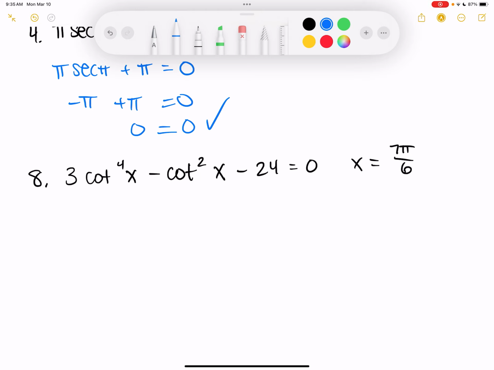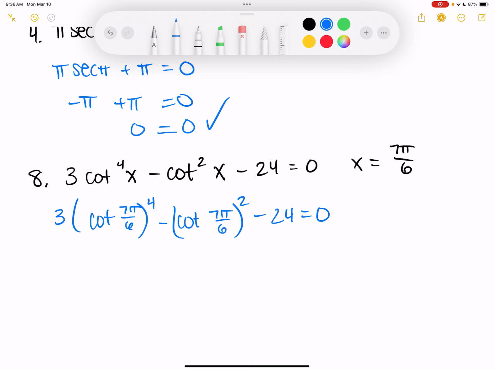So what I would do is I would write this as 3 times the cotangent of 7 pi over 6 raised to the 4th minus the cotangent of 7 pi over 6 squared minus 24.